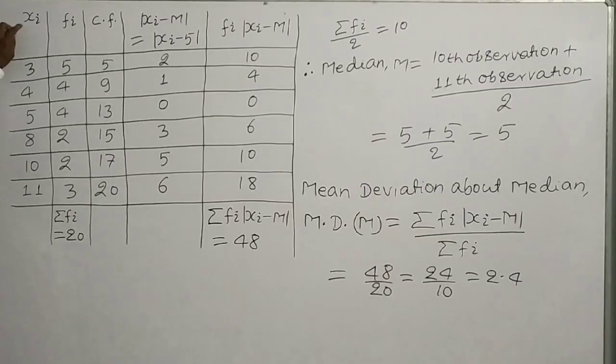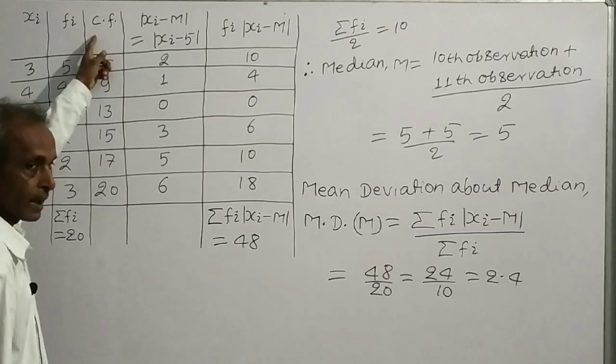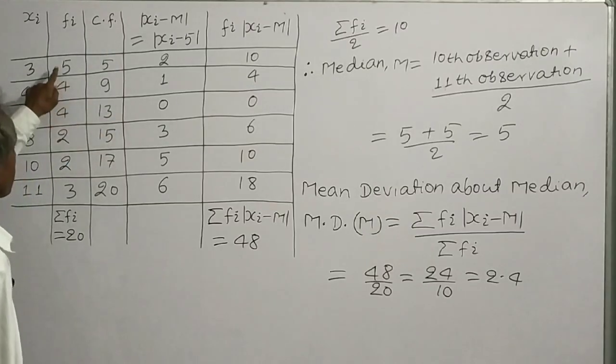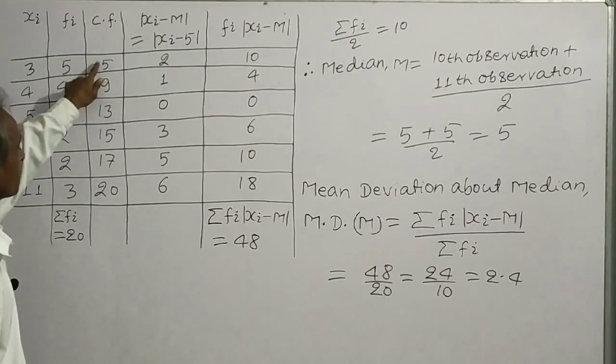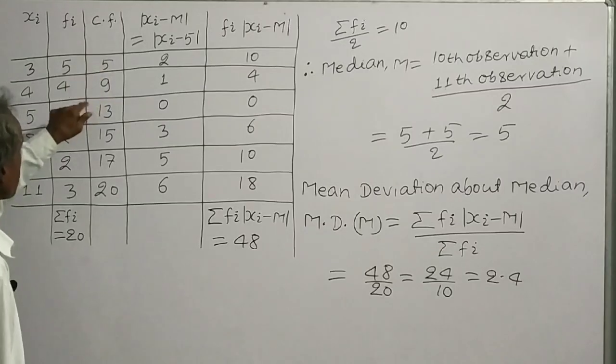Now, we write xi in ascending order, that means in increasing order, and their corresponding frequency in this second column. Now we find cumulative frequency. Here is 5, so we write 5.